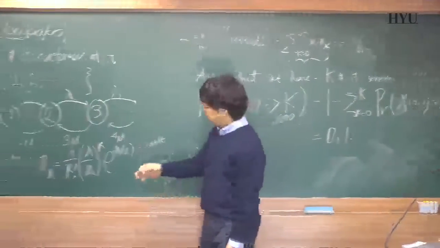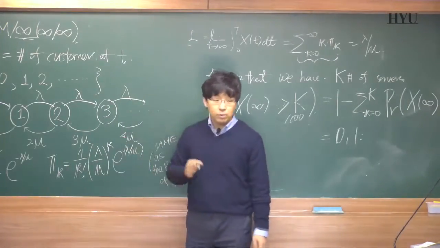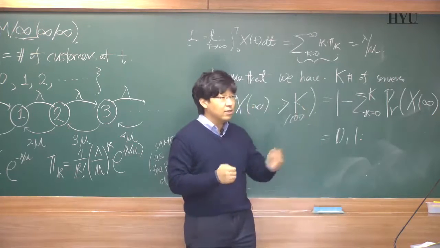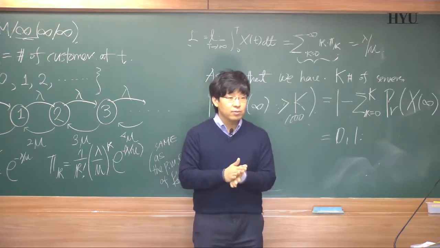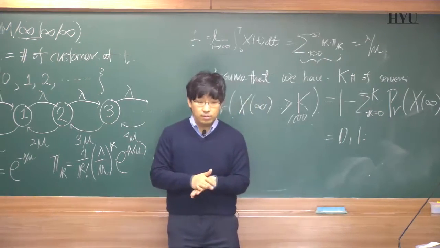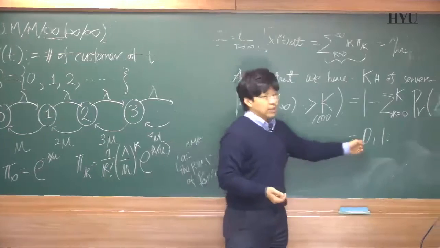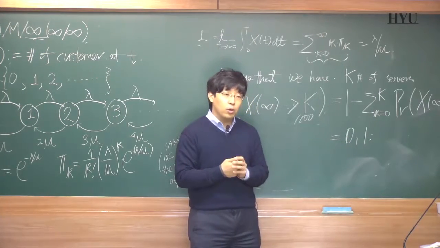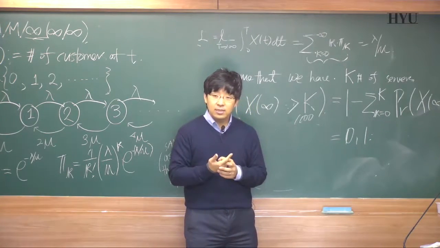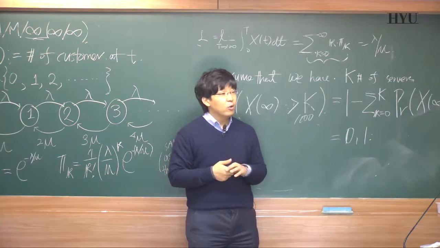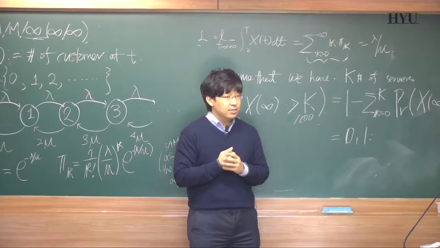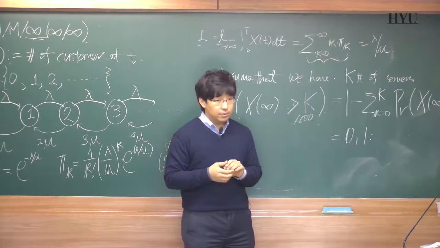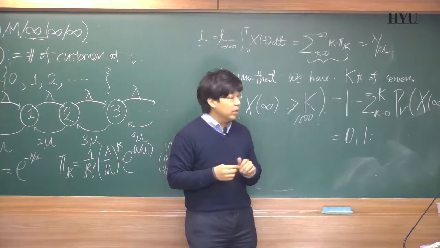As long as we have lambda and mu and large K, we can calculate it, right? It takes some time, but you can use a calculator or some programming language. Let's say this one equals 0.1. That means one out of 10 customers cannot enter the system on average.